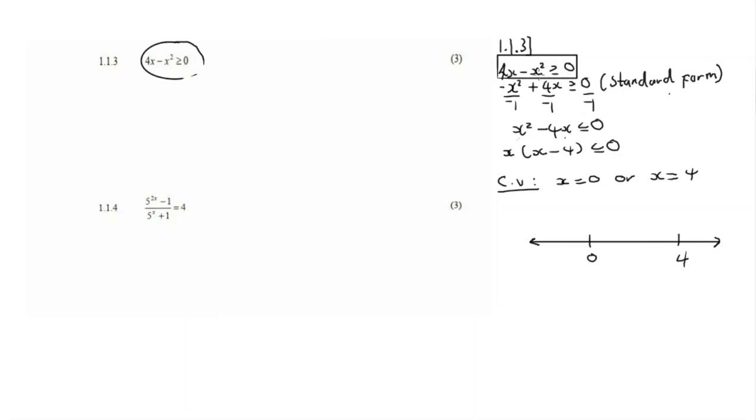Now I substitute back into this original equation. When I put in x, it must give me what? A value that's greater or equal to 0. So we can test out our solutions on this number line. I use the number line method. There's also a table method, there's also a graphical method, but I like the number line method.